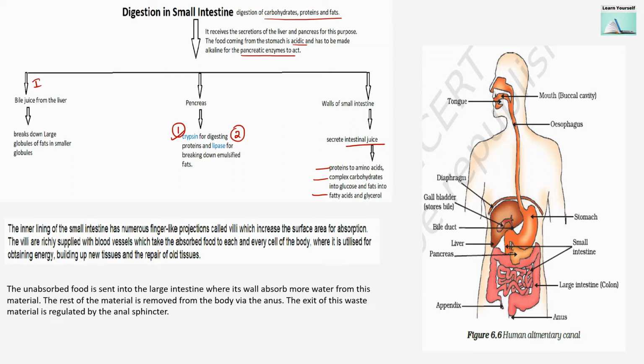That's why the small intestine is the largest organ involved. So how many enzymes or juices will mix into the intestinal food? First, bile juice from the liver. Second, the trypsin and lipase from the pancreas. And the fourth one, the secretion of intestinal juice.